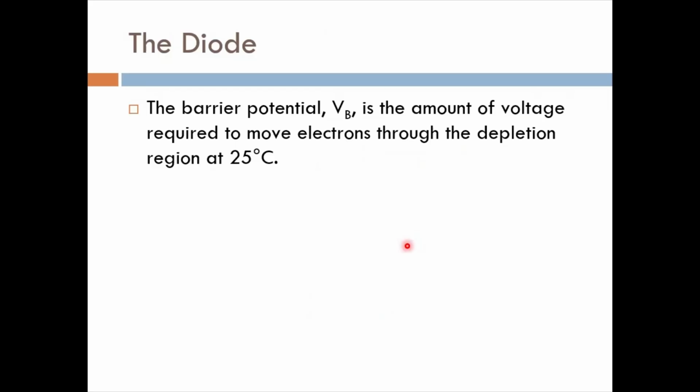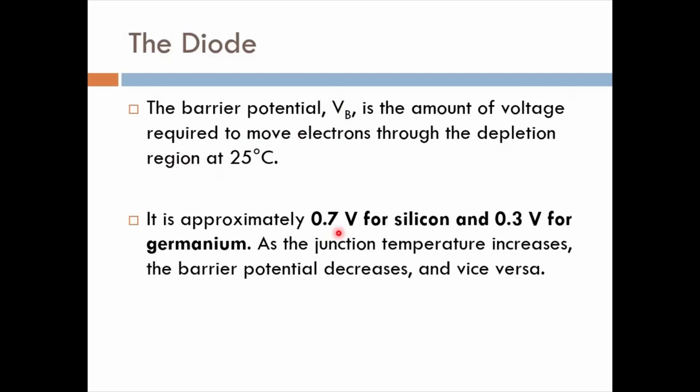Now, this barrier potential labeled as VB is actually a voltage. This is the amount of voltage which is required to move electrons through the depletion region, the amount of voltage required to break or overcome the barrier. And this is approximately 0.7 volt for silicon and 0.3 volt for germanium.